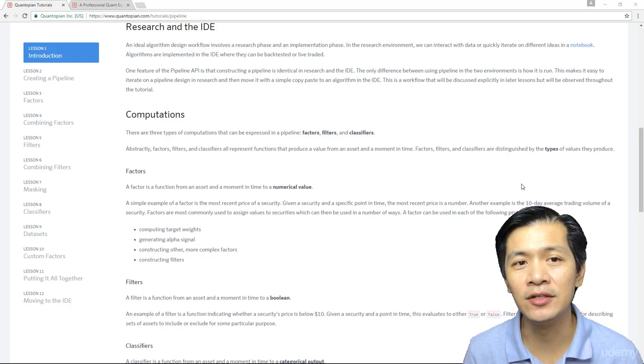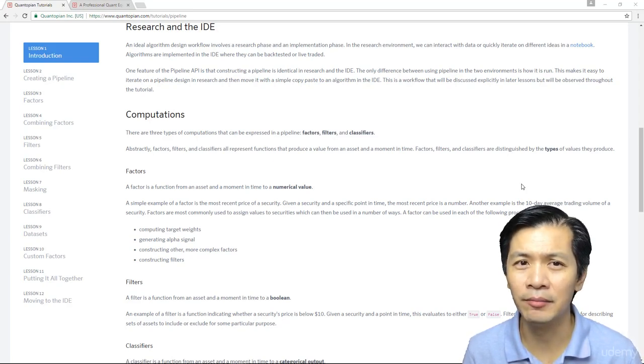And in the implementation phase, you will move to the IDE. One of the features of the pipeline API of Quantopian is that you can do both of these, either in the research or IDE, and they're exactly the same. You don't have to change anything after moving from one environment to the other.